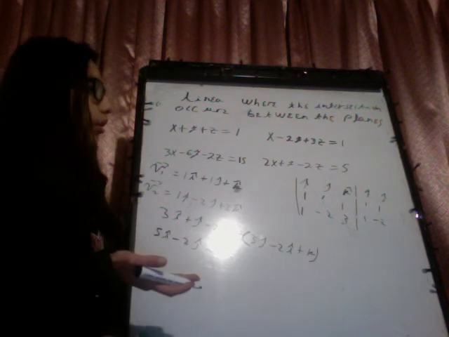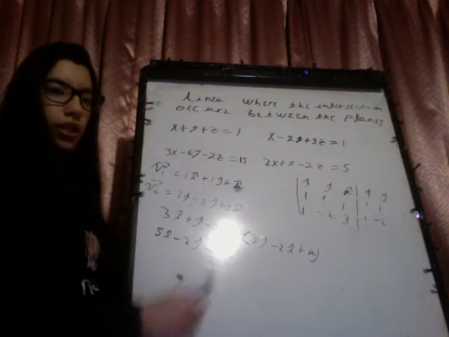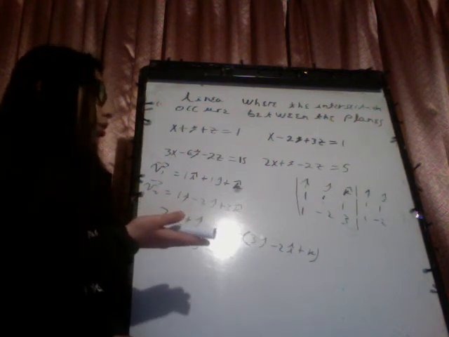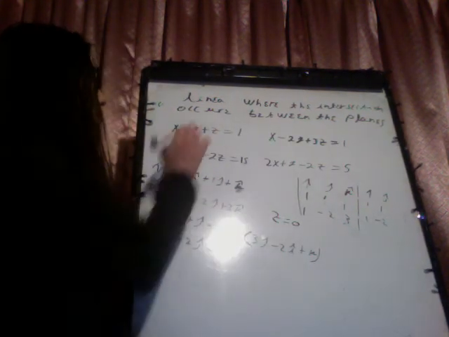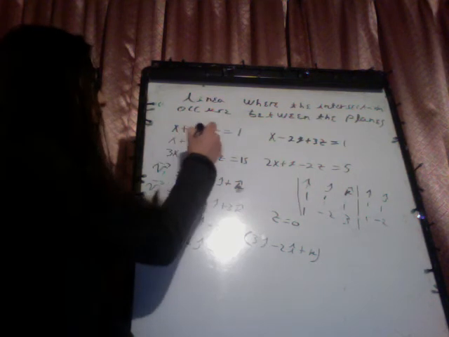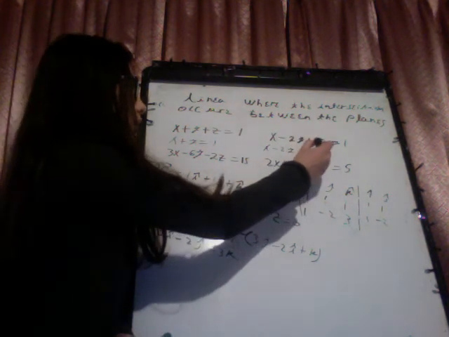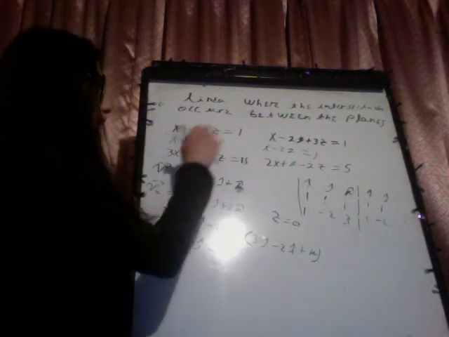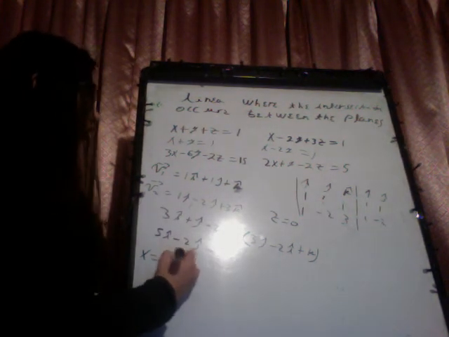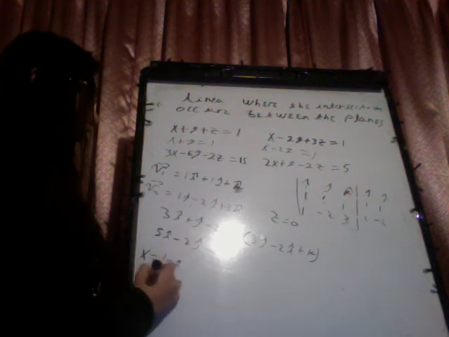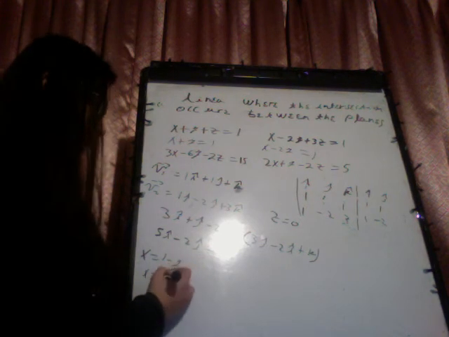So which point do we have? Let's take a point that is in the line. Just for convenience, let's say when z equals 0, this would be x plus y equals 1, and here x minus 2y equals 1. So I have x equals 1 minus y, and x equals 2y plus 1.